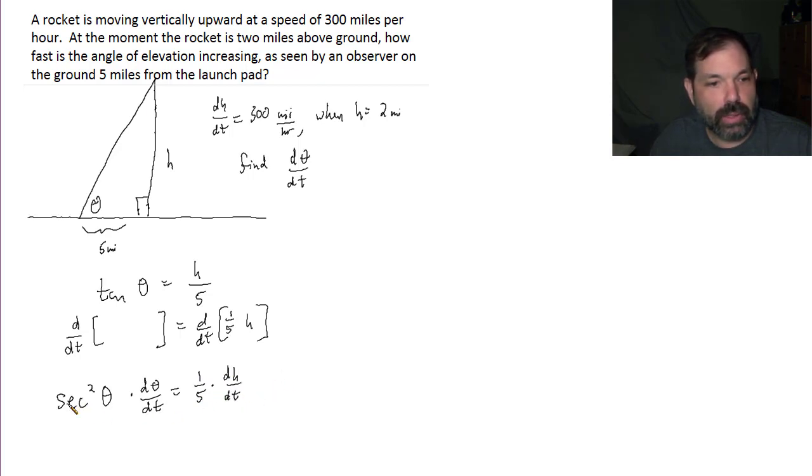All right, let's see. We're going to solve for dθ/dt, so I'll divide through by secant squared theta. Dividing by secant squared theta is the same as multiplying by cosine squared theta, because they are reciprocals.